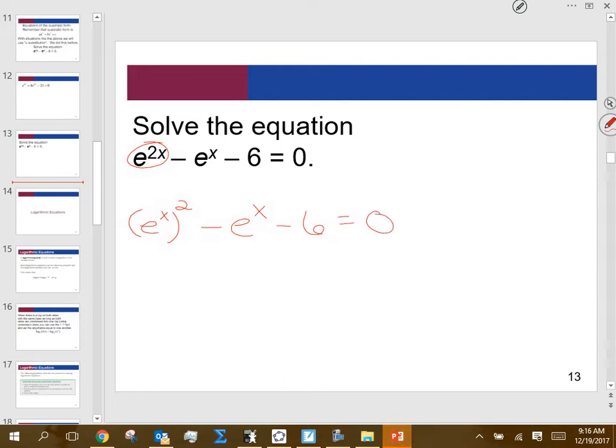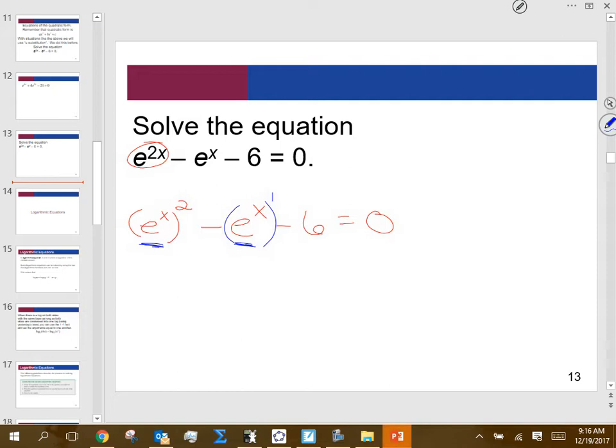Now the reason I like doing that is because now this thing is in quadratic form. Okay, it's some object squared, some object then the same object to the first power, and then plus or minus your constant.